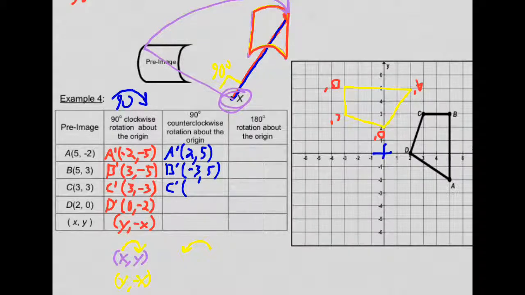C prime is at negative 3, 3. And D prime is at 0, 2.